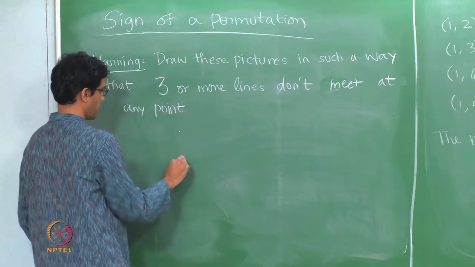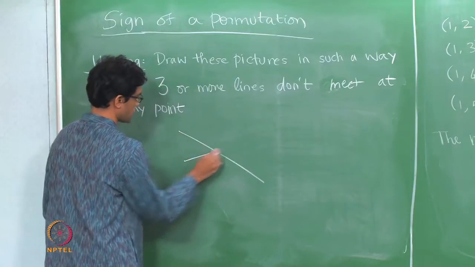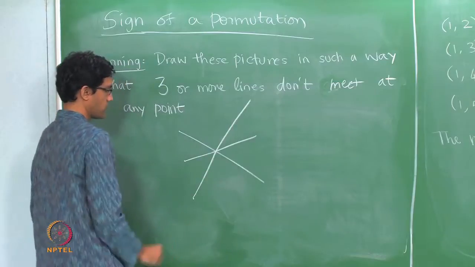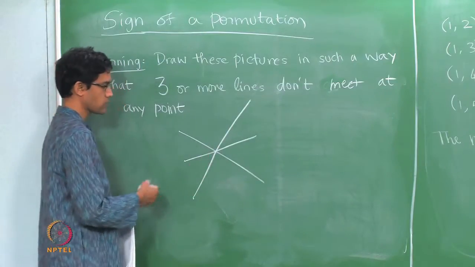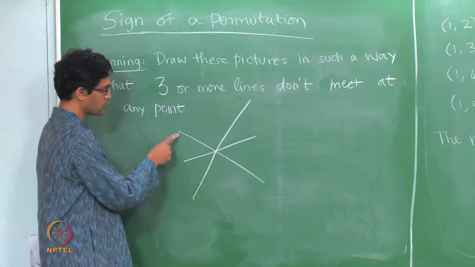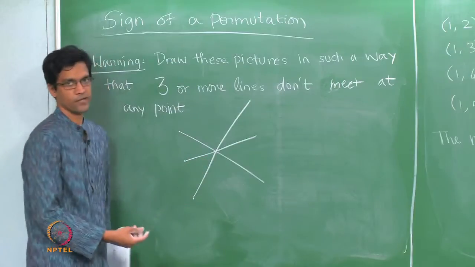So for instance, if I had something like this, and if you drew the third one also going to the same point, then counting the crossings becomes somewhat trickier. Technically, these 2 lines meet, these 2 lines meet, and the first and the third lines also meet at that point.